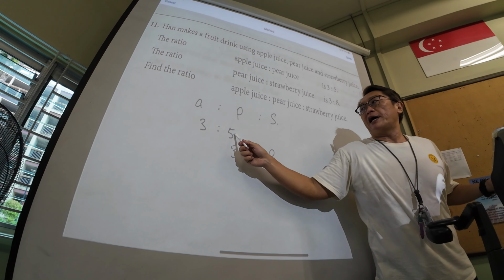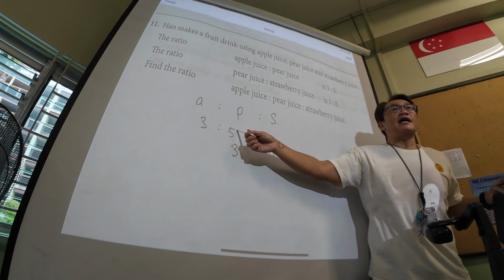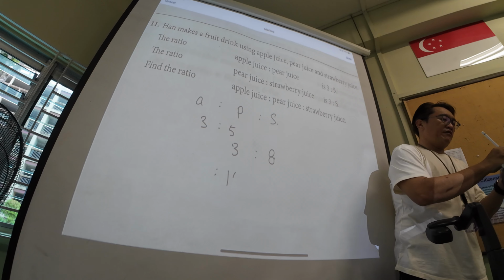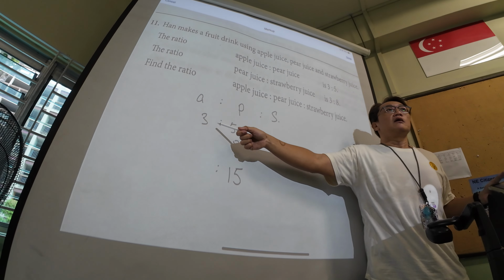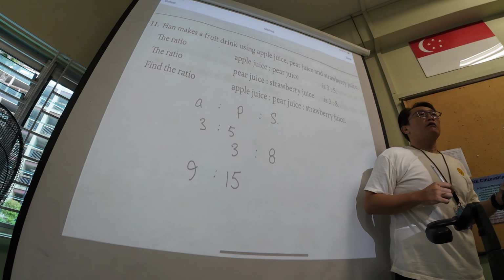So we need to multiply 3 to everything here. If we multiply 3, it will become 15. Then we will have 15 here. Then this one we must multiply 3, so it will become 9.